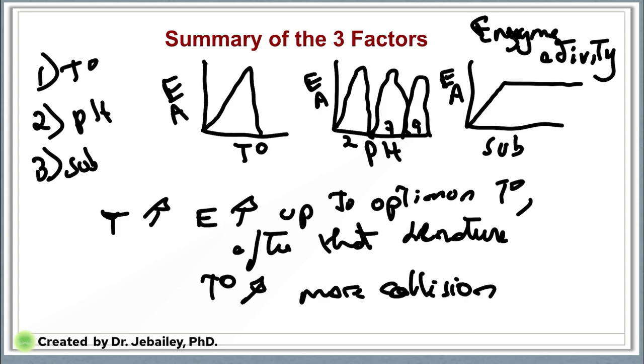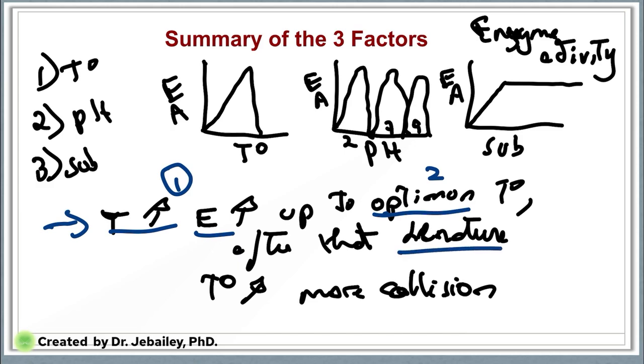So these are 3 points for the temperature. The first point you got was by saying increasing the temperature increases the enzyme activity up to the optimal. That's the first point. This is the second point. And then there's a third point here where, of course, you get denatured. And the fifth point says that if you increase the temperature, more collisions.